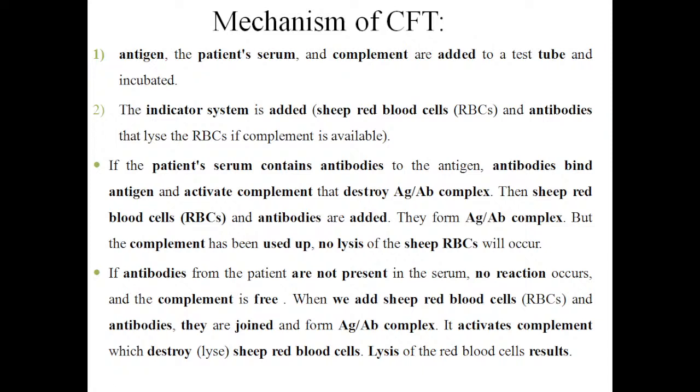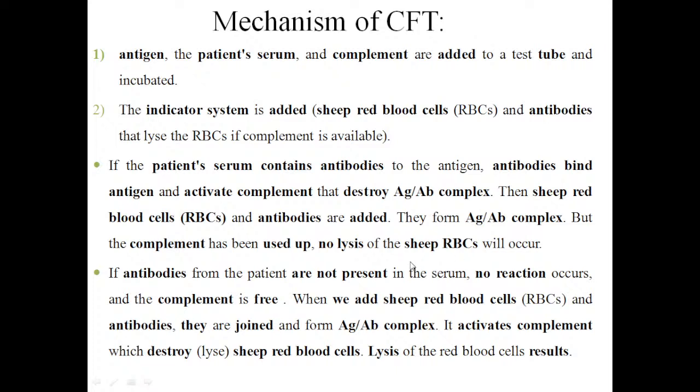No, complement was used in the previous stage to destroy the antigen-antibody complex of serum antibodies and added antigen. That's why complement has been used up in the first stage, and we can't see lysis of the sheep red blood cells. There is no lysis.